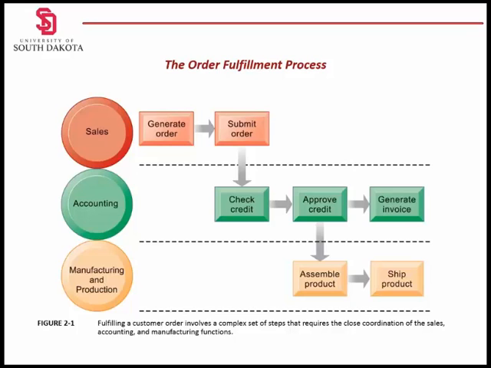They submit the order. Accounting then gets that order, and they check the credit of their customers. They can approve or deny credit. If they approve the credit, they can begin assembling the product even before they generate the invoice, and that's what the down arrow there means. Once they start assembling the product, and that's done, then they ship the product. So this is a fine example of a business process model.